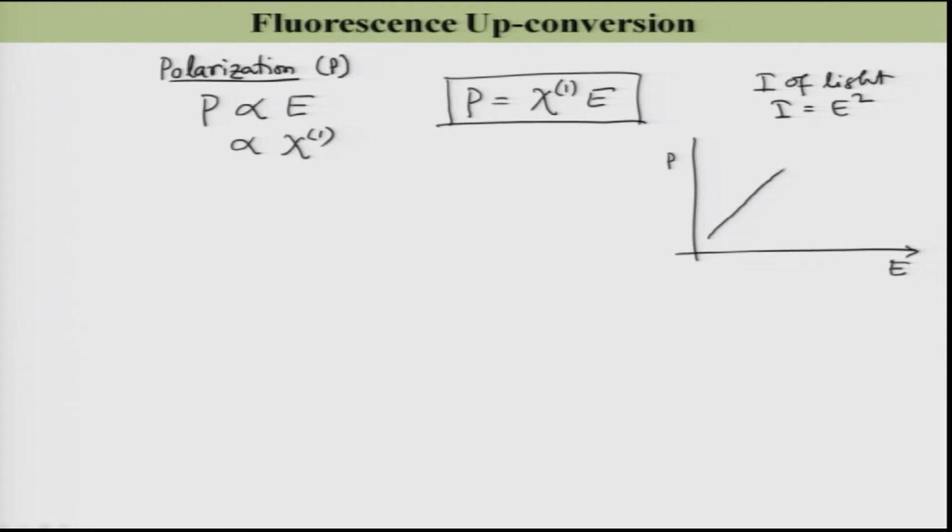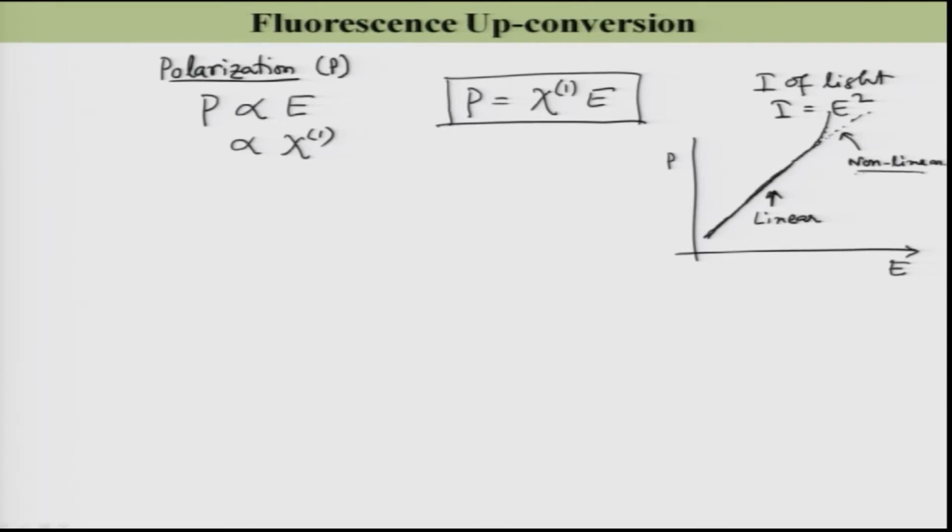But if you extend it, what people have seen is that this line deviates from the linearity, and some non-linear effect comes into the picture. In this case this is linear, over here it is non-linear.